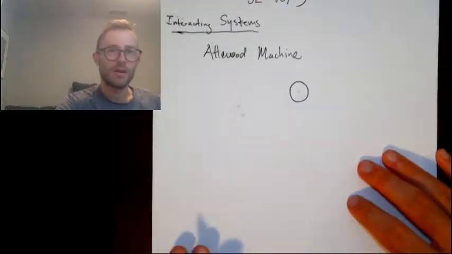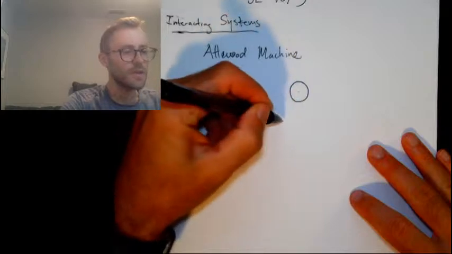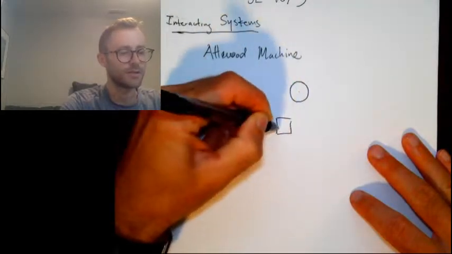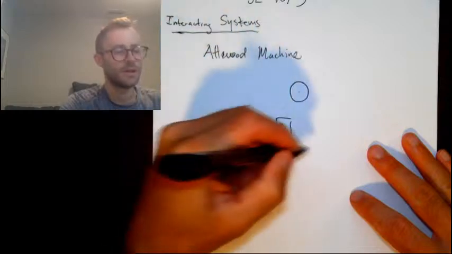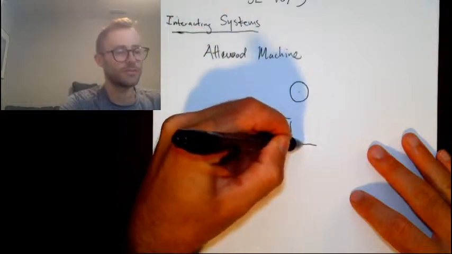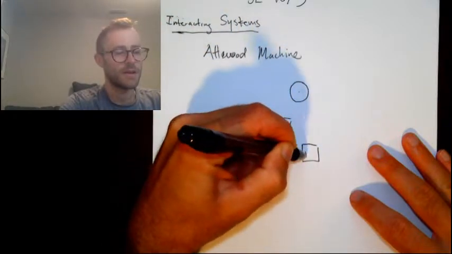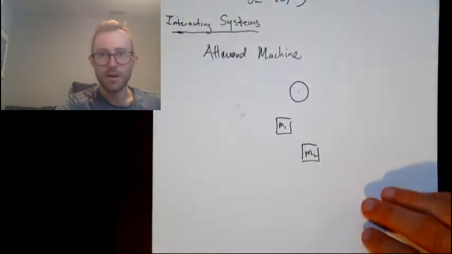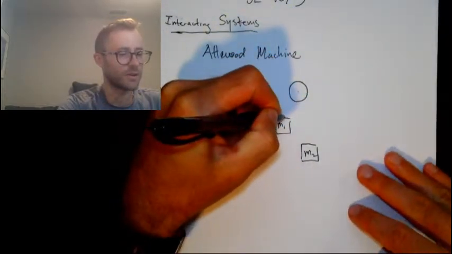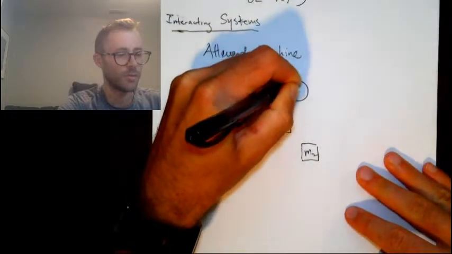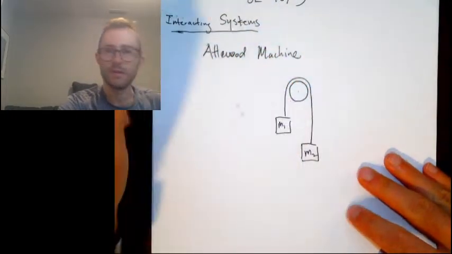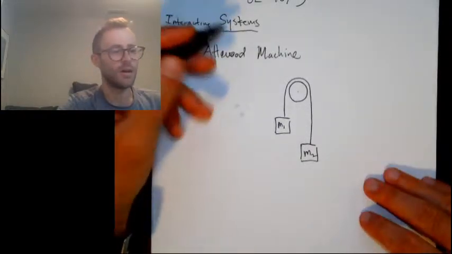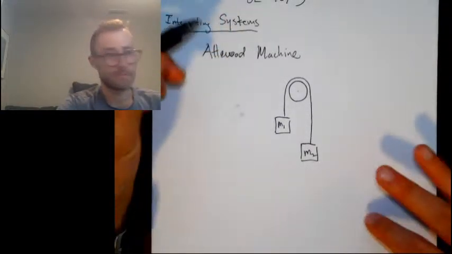And then we have two masses. I'll call this M1, and I will call this M2. The two masses are connected by a rope that goes over the pulley. Okay, and that's an Atwood machine.